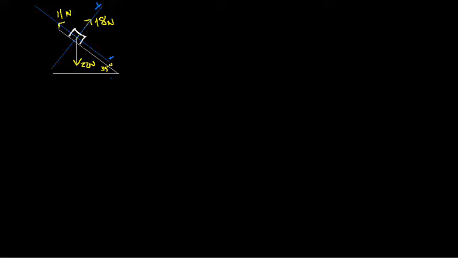The reason we put the coordinate axes like this is that the normal force is now simply on the y-axis, and we don't have to do anything further with that. The force of friction is sitting right on our x-axis, so we got that solved.